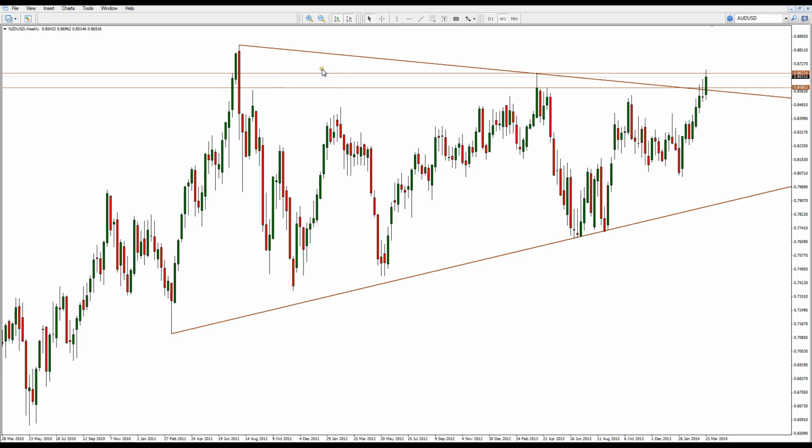So obviously it's a clue about the importance of this level.